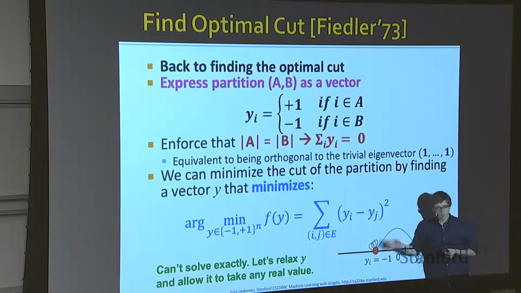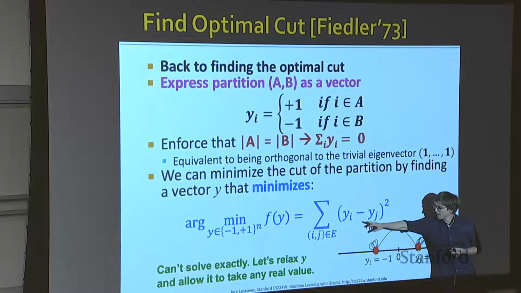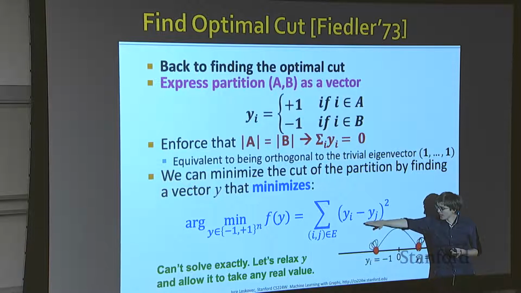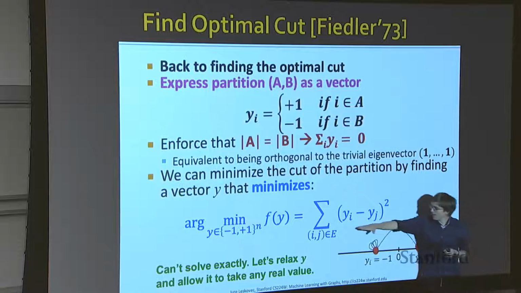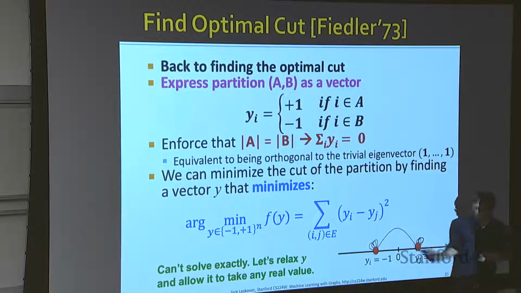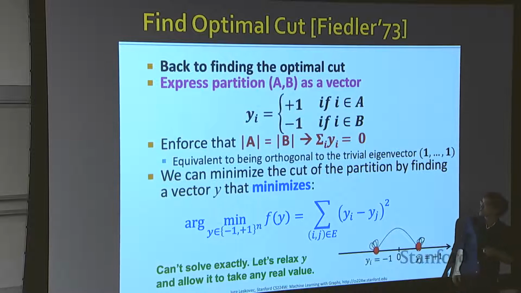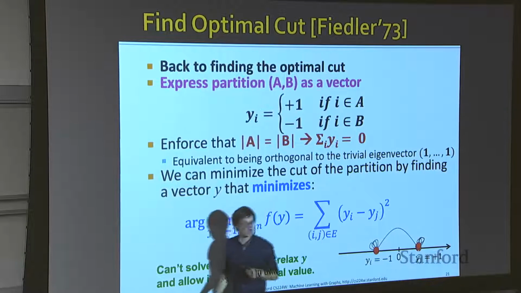The only time you will pay a penalty is whenever the edge crosses, and you will get a penalty of 4 for every edge that crosses. So the value of this expression will exactly count the number of edges that cross the two partitions. Here I assumed or enforced that they are of equal size.